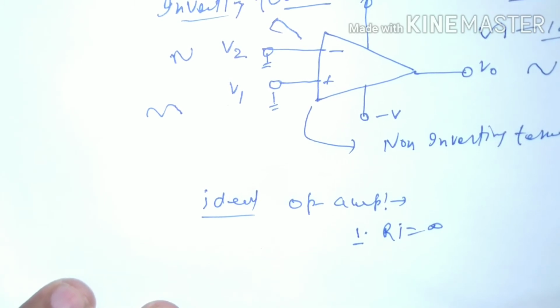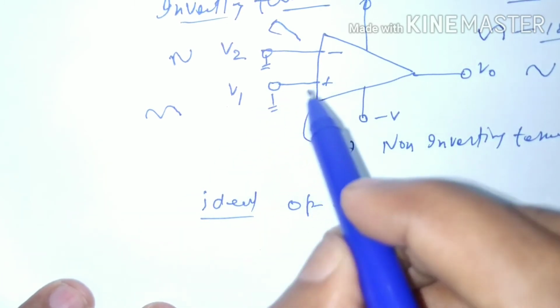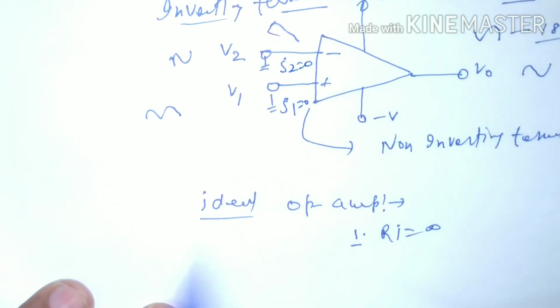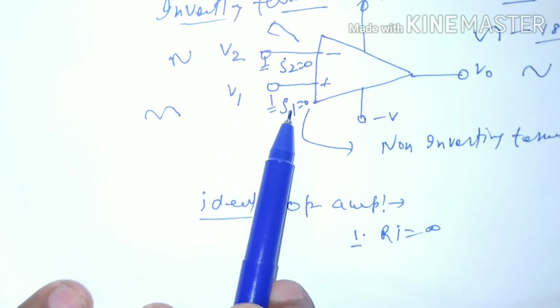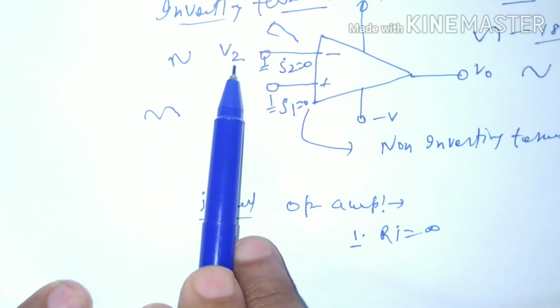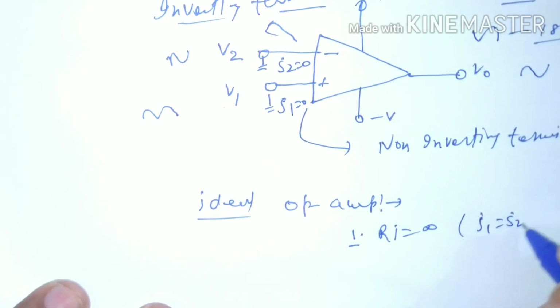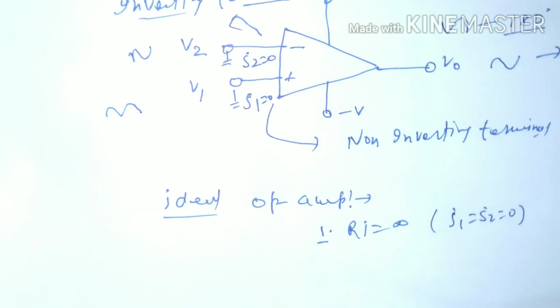That means no current will pass through the op-amp. Here I1 equals 0 and I2 equals 0. From both terminals, the current will be 0. That is, I1 equals I2 equals 0. So the input impedance will be infinite.